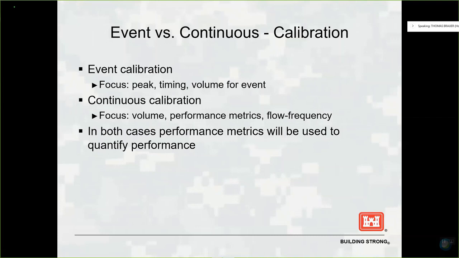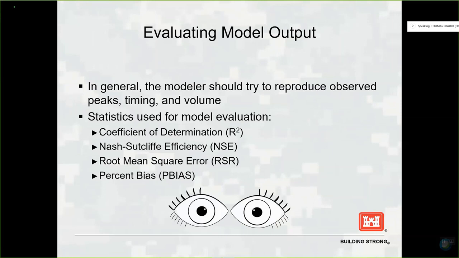And then the last bullet point here, in both cases, performance metrics will be used to quantify performance. So graphical inspections are great, but performance metrics are a common way to communicate model performance. One person can look at a curve and say, I think it's good, and then the next person says, no, that's not a great calibration. So there's some subjectivity there.